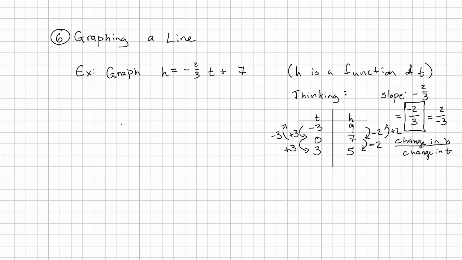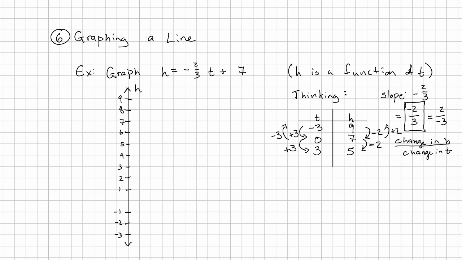So I'm going to draw my h-axis first. That's going to be a vertical line. H is playing the role of my y. I want it to go up to 9. And then the axis I happened to draw, well, it goes down to -3.